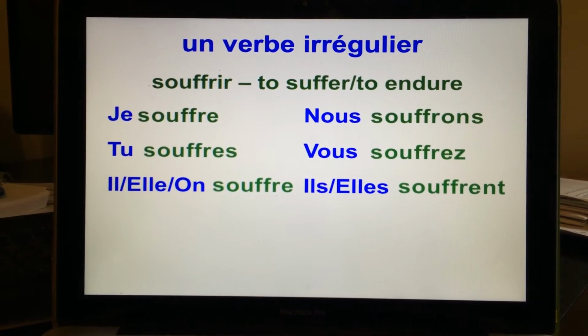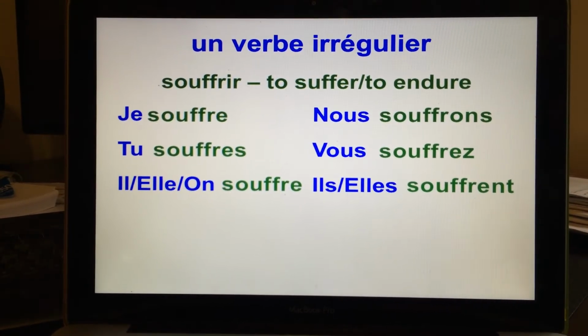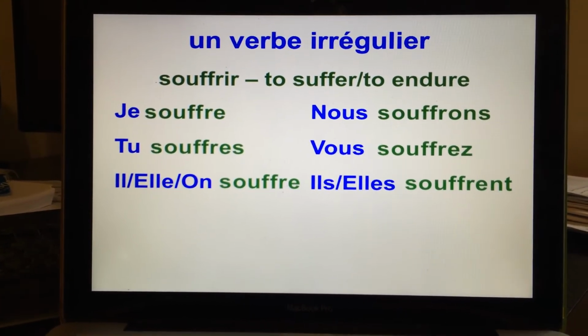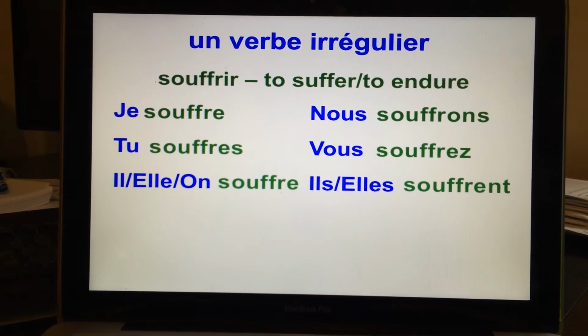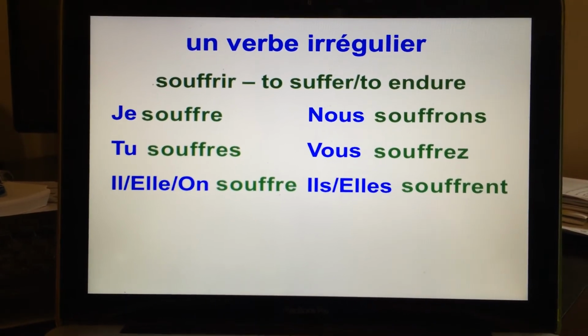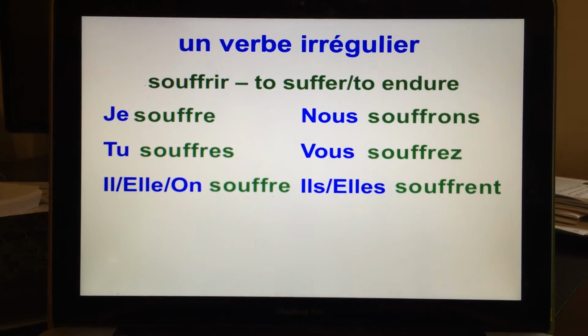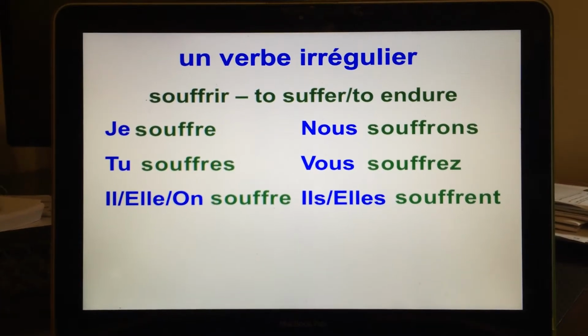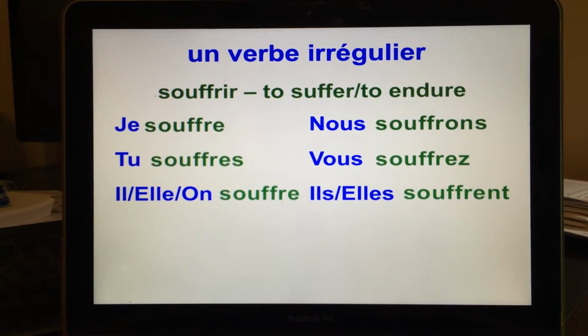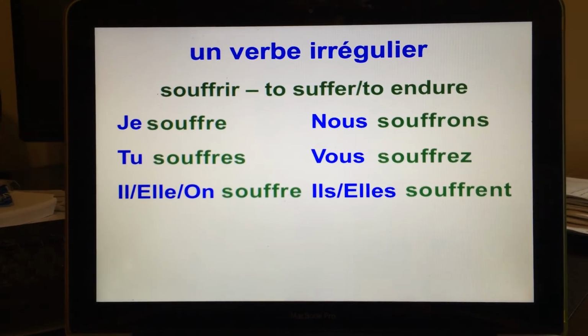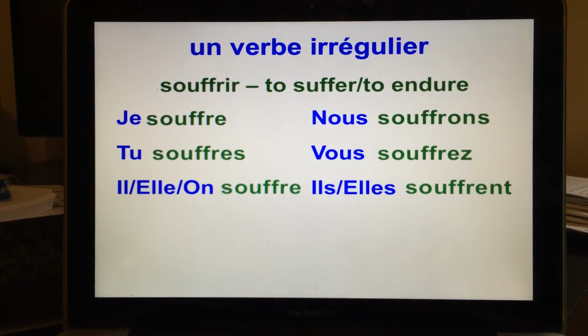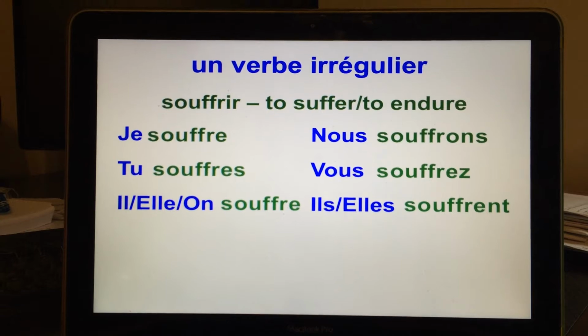It actually has ER verb endings. So if you think about chopping off the IR, and then we add E, ES, E, ONS, EZ, ENT. So that one isn't too bad. So take a moment, press pause, copy this verb down onto your irregular verb chart. When you're done with that, press play and we'll do another one.